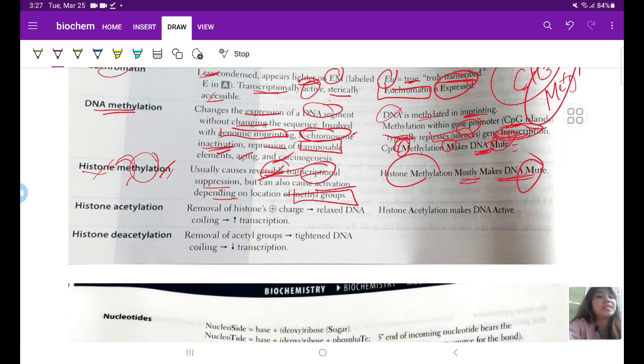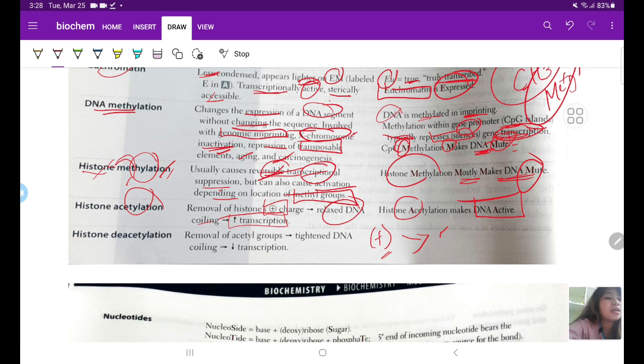In histone acetylation, there is removal of the histone's positive charge, which relaxes DNA coiling and increases transcription. So, in acetylation, it removes the histone's positive charge, which makes the DNA coiling relax.